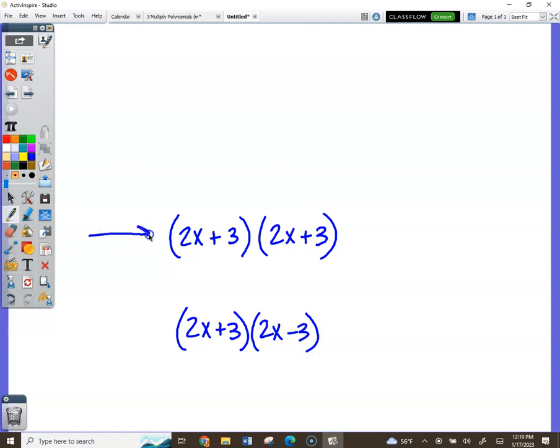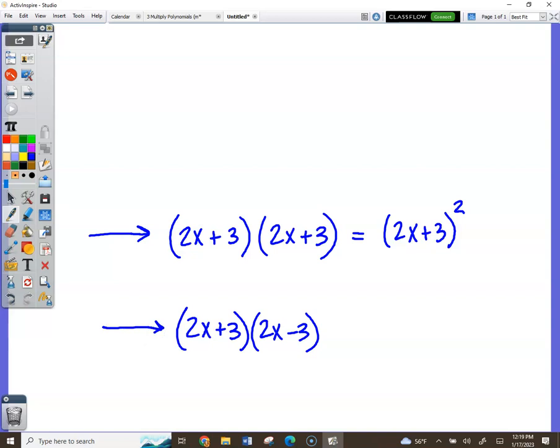Look at this one right here. Do you notice how the parentheses match? They're the same thing, right? That's called a perfect square. Another way to write that is 2x plus 3 squared. Does that make sense?